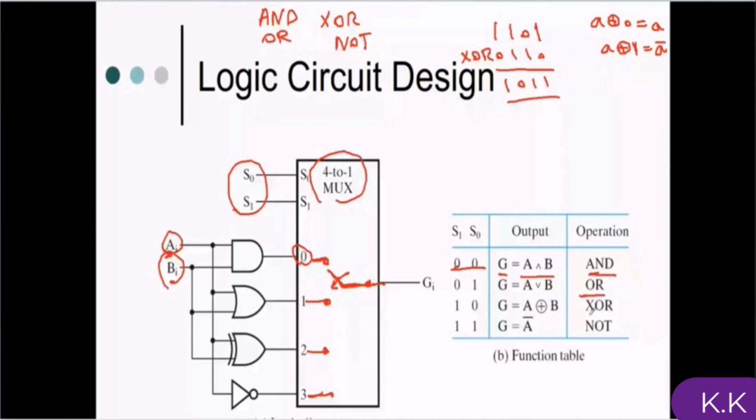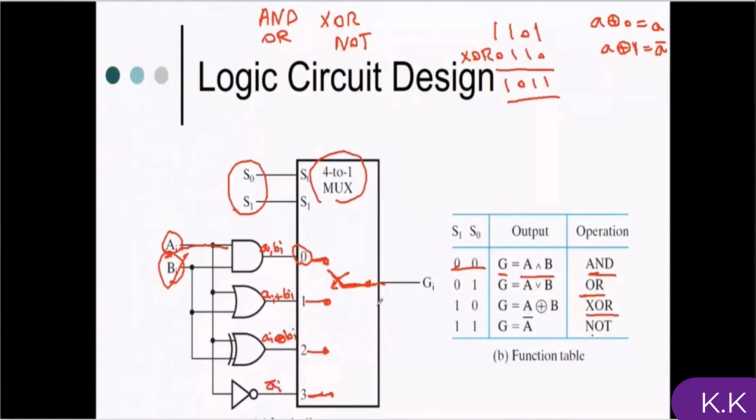When it is 0, 1, this one will be selected, or this one, or this one. So there is a selector for input 0, input 1, input 2, or input 3. If S0, S1 is 0, 0, then the output is the AND of the inputs A index, B index.